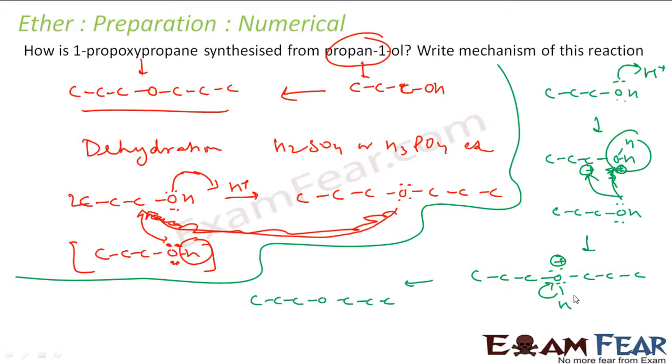Correct? This bond will break, positive and negative are neutralized, and this positive H will go off. So this is my SN2 reaction. Why? Because the slow step is this step, right? When my propanol itself is a nucleophile.